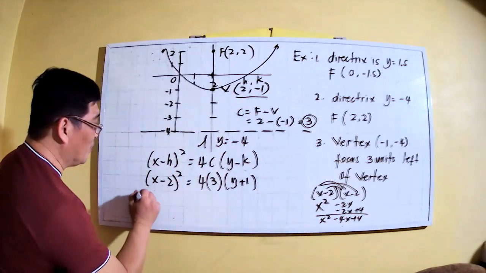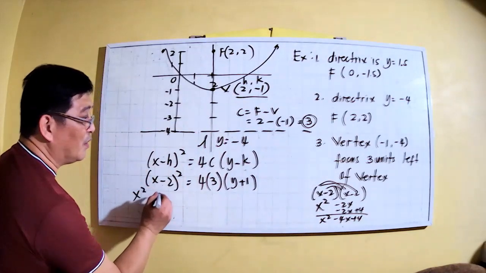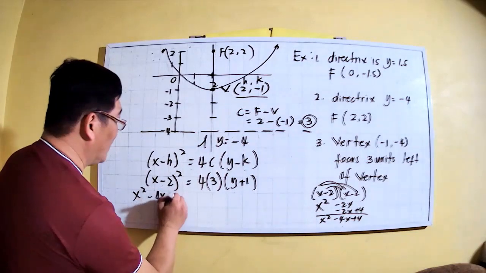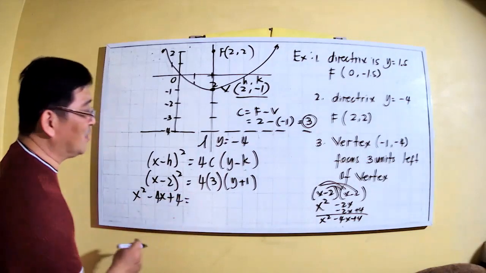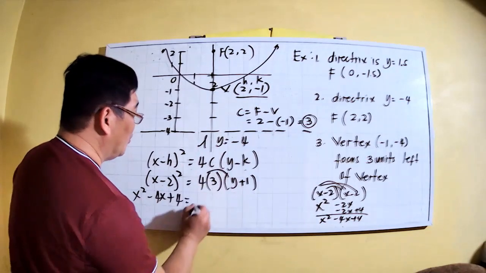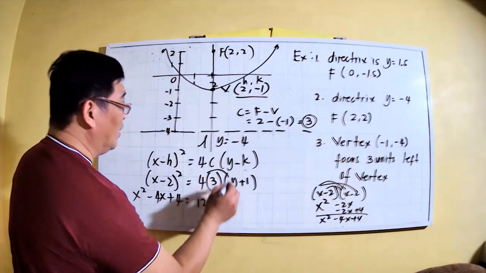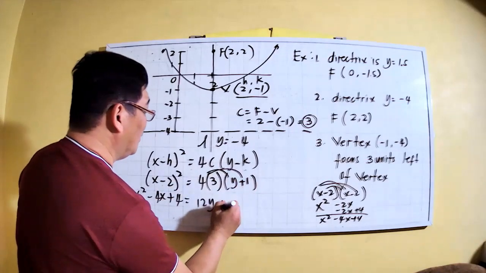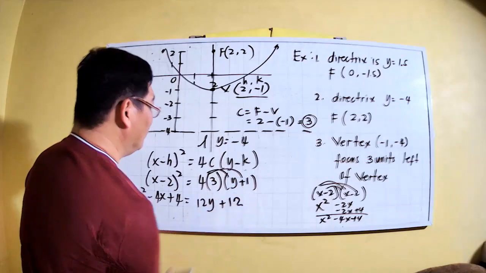So this is x squared minus 4x plus 4 equals 4 times 3 is 12 times y, equals 12y. And then 4 times 3 is 12 times 1 is equal to plus 12.